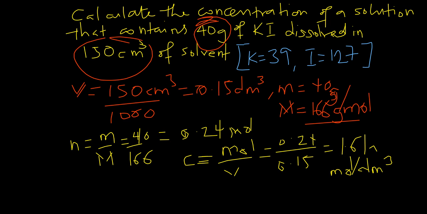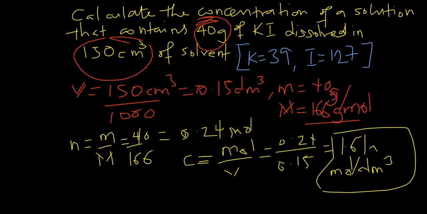Remember here in this question, the volume was given to you in centimeters cube. So we first converted from centimeters cube to dm cube by dividing by 1000. Then we converted the mass to mole by dividing the mass by the molar mass, and we got the mole.